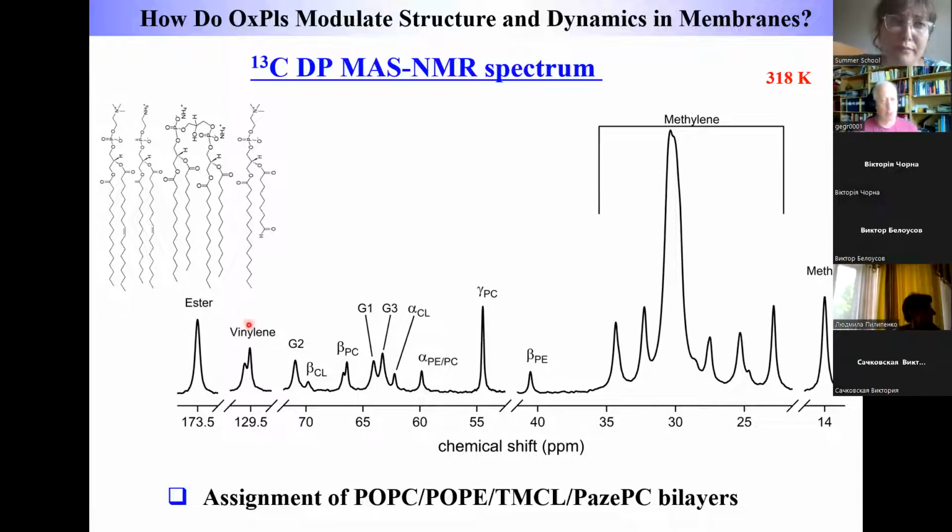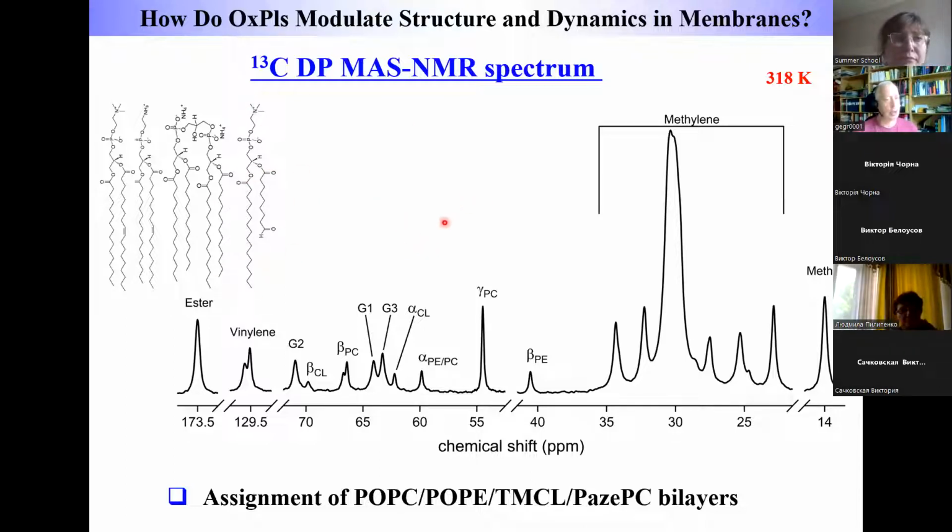You have atomic resolution because you see the ester bond, the vinylene, glycerol, the choline group, which would be up here. So you see everything. And if you put something into the membrane, protein or anything, you can look at how different parts are changing, here or here or here.